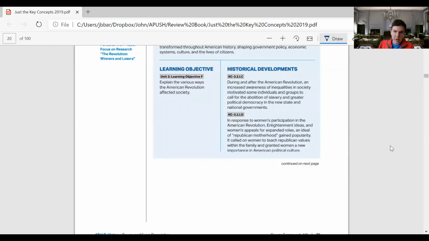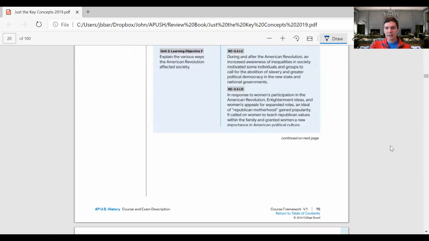Republican motherhood is the idea that in this new country, women are not in control of their families, but have a responsibility in their families to teach the values of the country, teach the values of liberty, teach the history of our country, and women are supposed to be kind of like the guiding light of a family. And so this becomes a very important part of women's roles in families and in society in the United States.